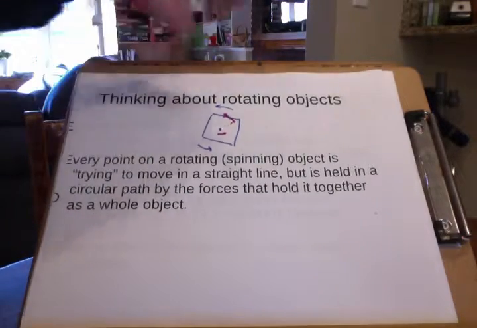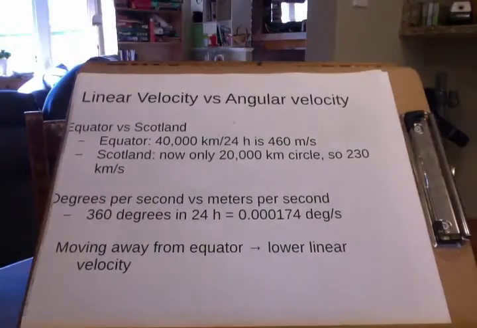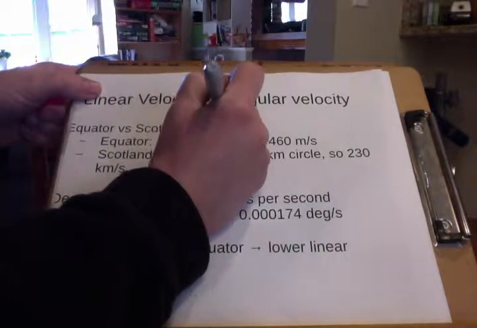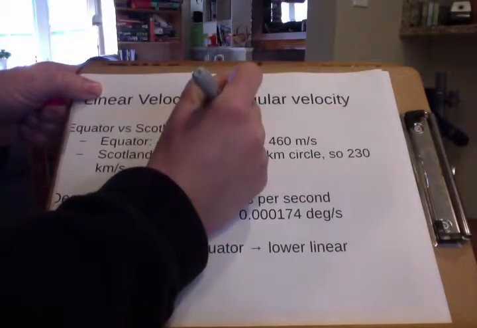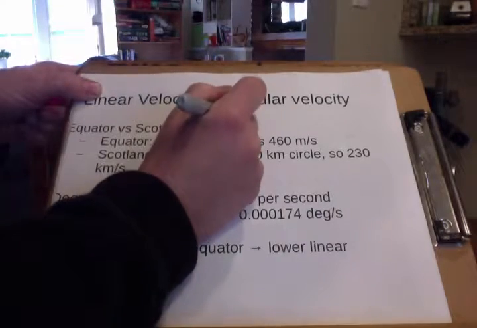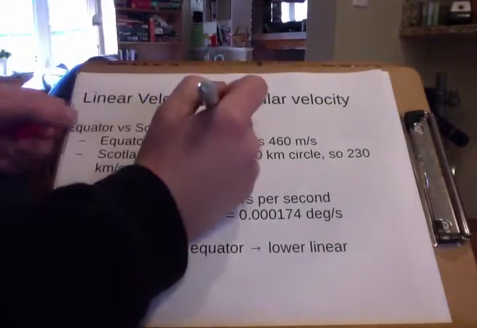There are a couple of things we need to get through before we fully are able to talk about rotating objects. We've already seen objects going around a circular path. Here's the object, it wants to do that.